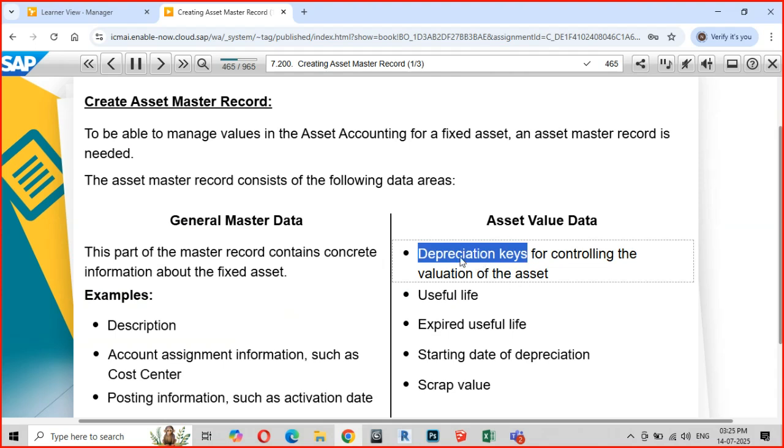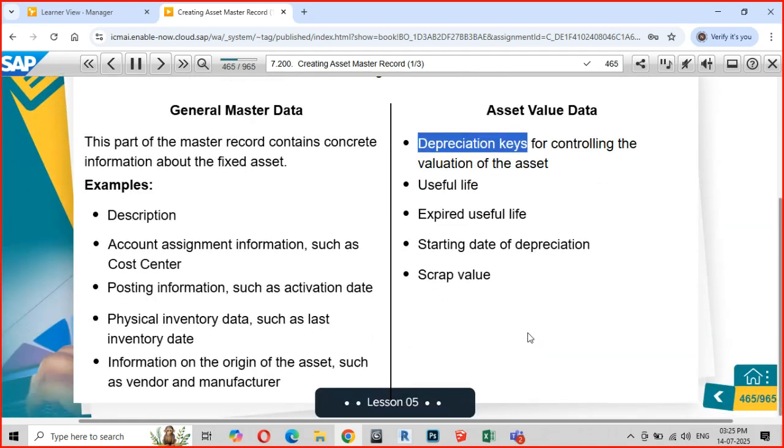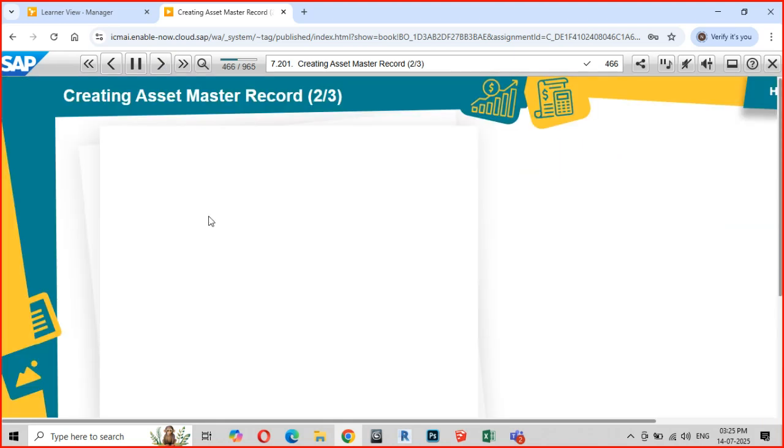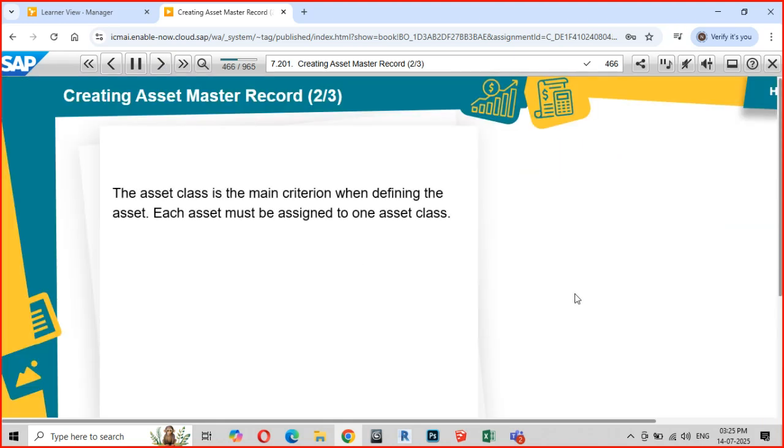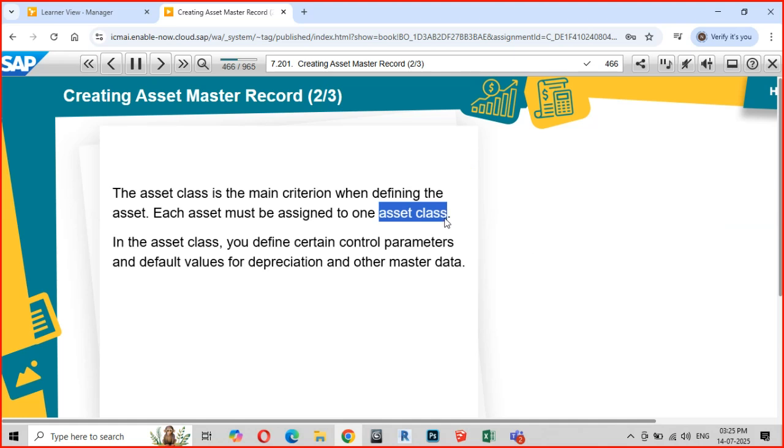So we now understand what the asset master is. We understand what depreciation area is, what chart of depreciation is, and what depreciation key is. Clear? So this is how we create an asset master record. We know what the asset class is.